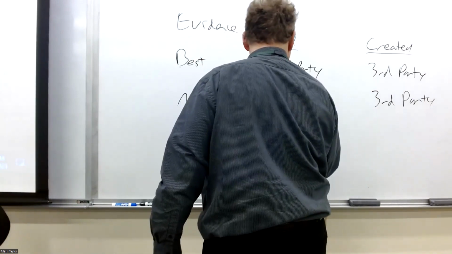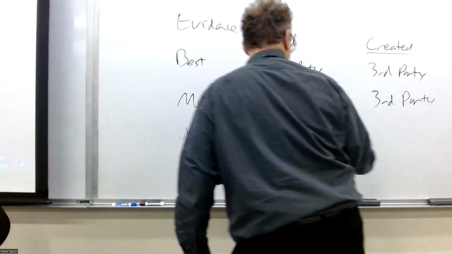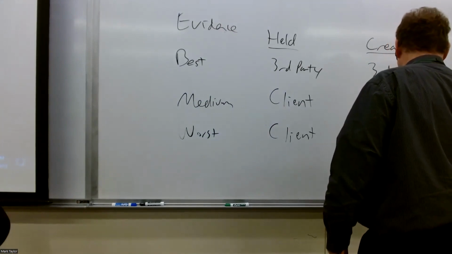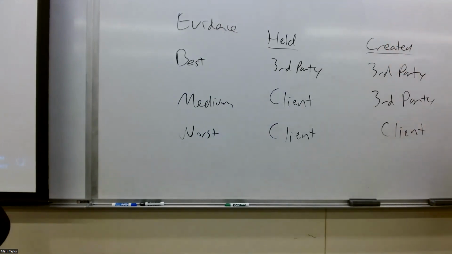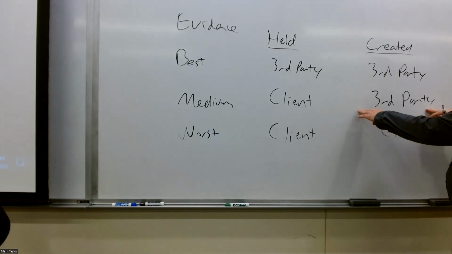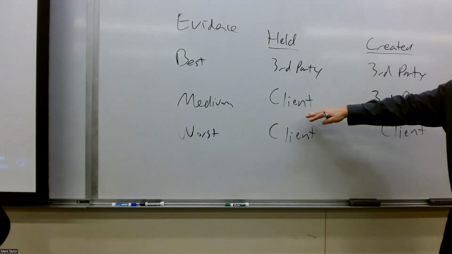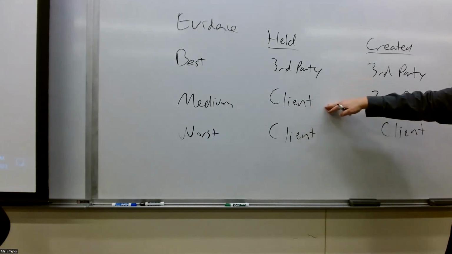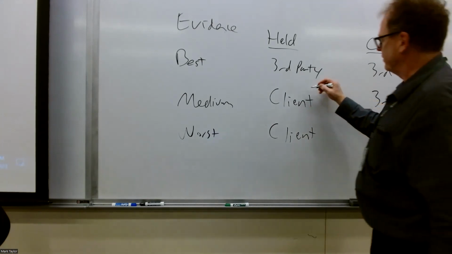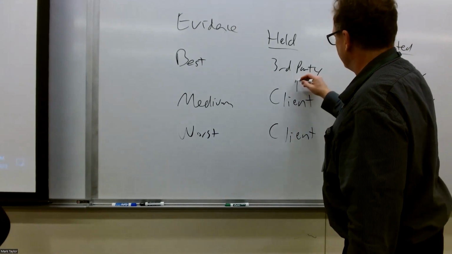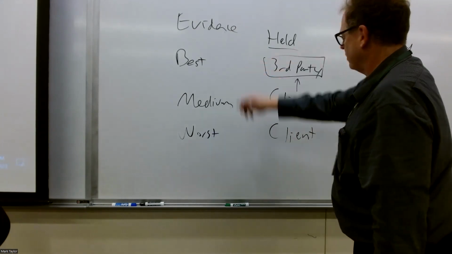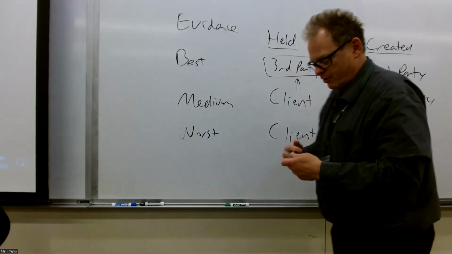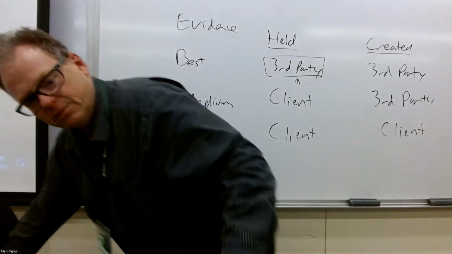The worst evidence is created by the client and held by the client. They can make up anything. So a bank statement sent to the client would be medium evidence, but we want to make it into better evidence. So we have the third party, the bank, send it directly to us, and that moves the bank statement from being medium evidence up to better evidence. We're always trying to improve the evidence if we can.